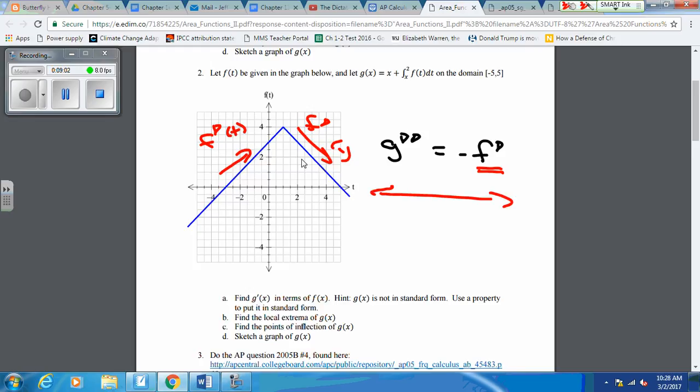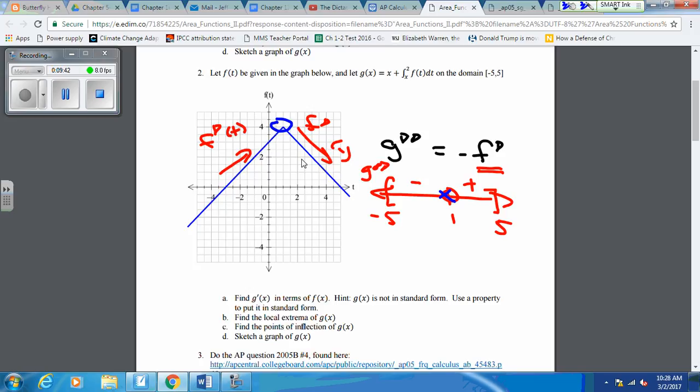So I can immediately make the G double prime number line, which is going to change signs right at x equals 1 from negative to positive. And by the way, how should I mark this at 1? With an X, because right at 1, F has a sharp corner, and therefore F prime is not defined. Make sense?